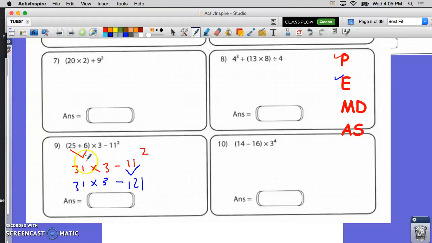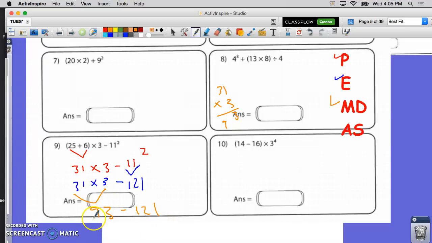3x, and 31. So next would be, let's do orange, multiply or divide. You see you have a multiplication problem that's right here. So 31 times 3, that's 93. So that's 93 minus 121. Okay, so 93 minus 121.